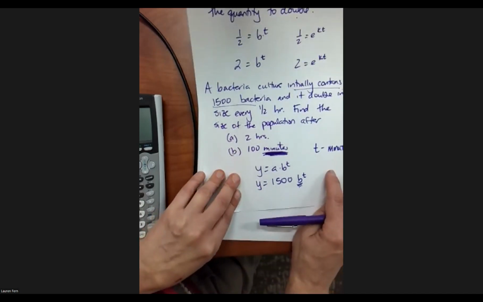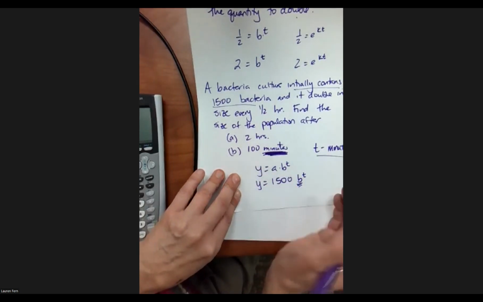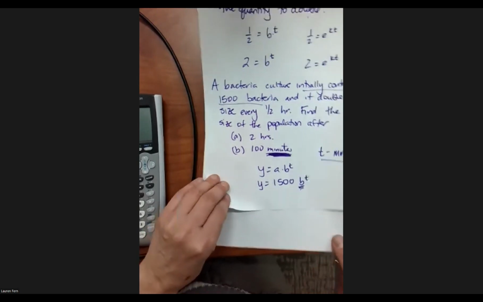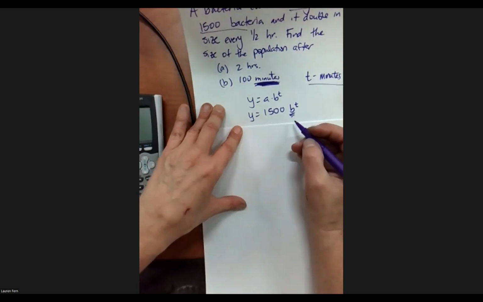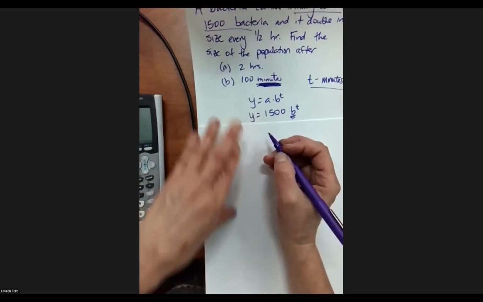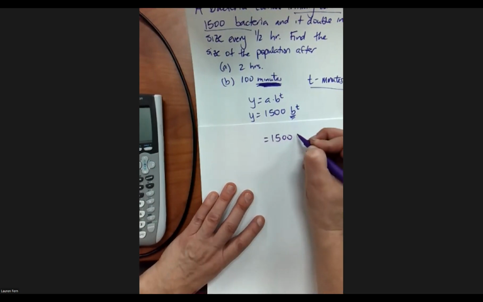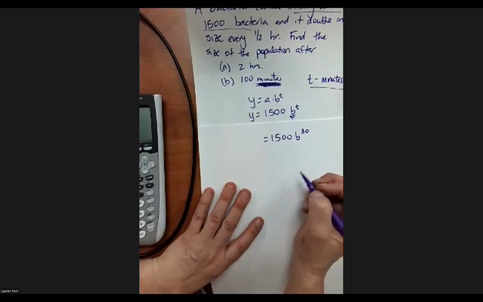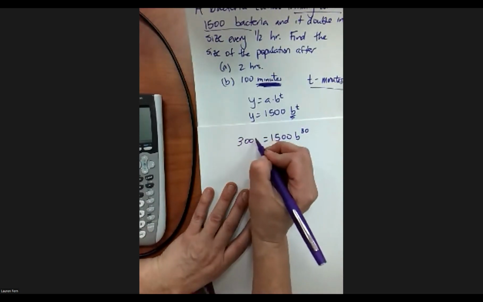When you have a couple different units, use the smaller units, it's easier. So what do we know? Because the doubling time is a half hour, when T is equal to 30, we have double this population. Well, isn't that 3,000?